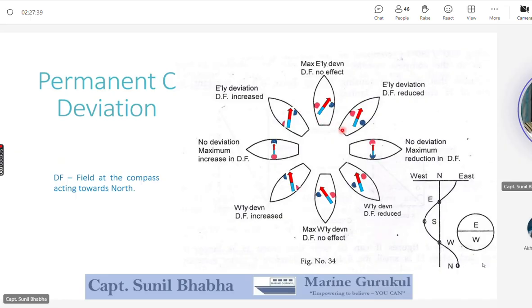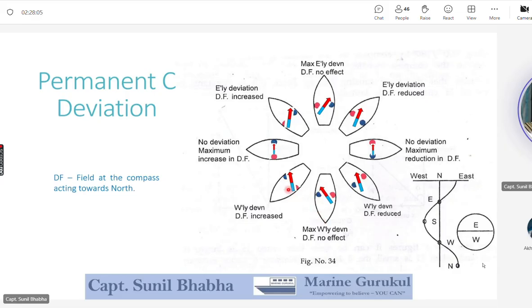When the ship is heading northeast, this easterly deviation reduces. With the ship heading in the east direction, the deviation is zero, nil deviation. When the ship heads in the southeast direction, now a westerly deviation is generated. The deviation has changed its name now. When the ship is heading in the southerly direction, maximum westerly deviation is generated.